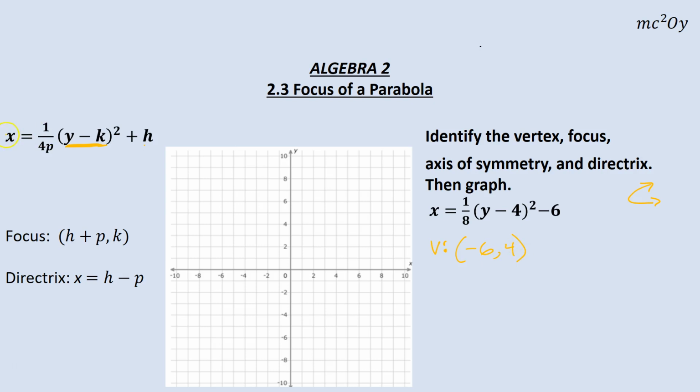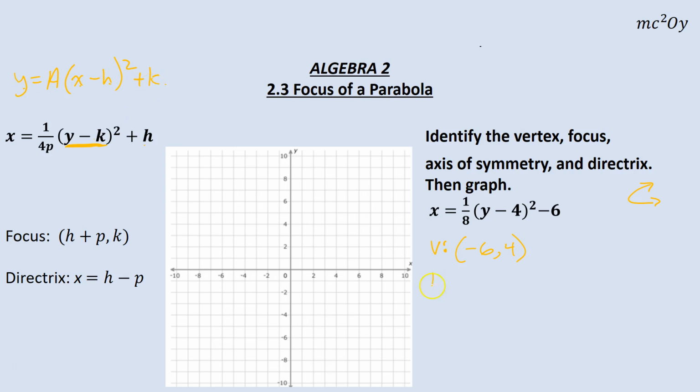So it's backwards. When you have x equals, it's a times y minus k squared plus h. So it's kind of backwards from your normal one, where you have y equals a times x minus h squared plus k. Since x and y switch, h and k switch as well. So make sure you make that note.